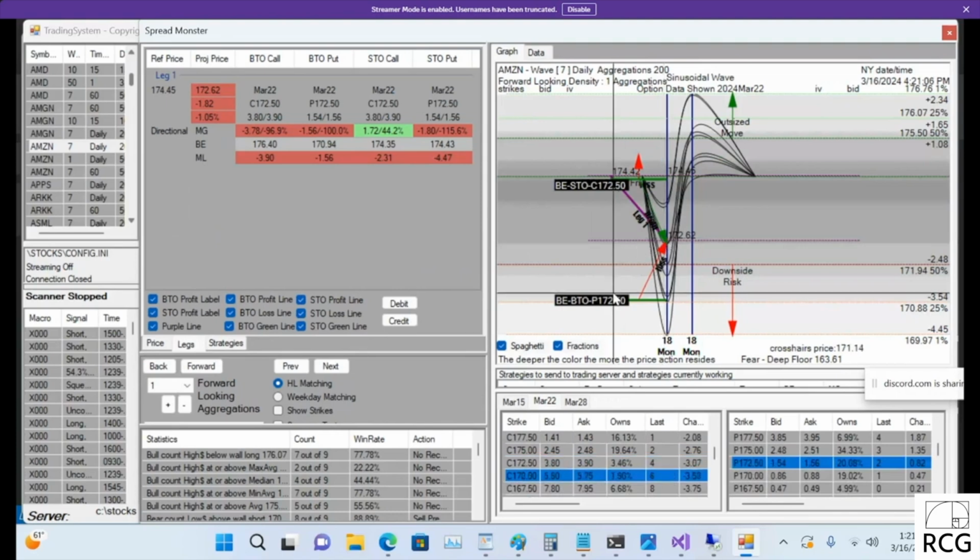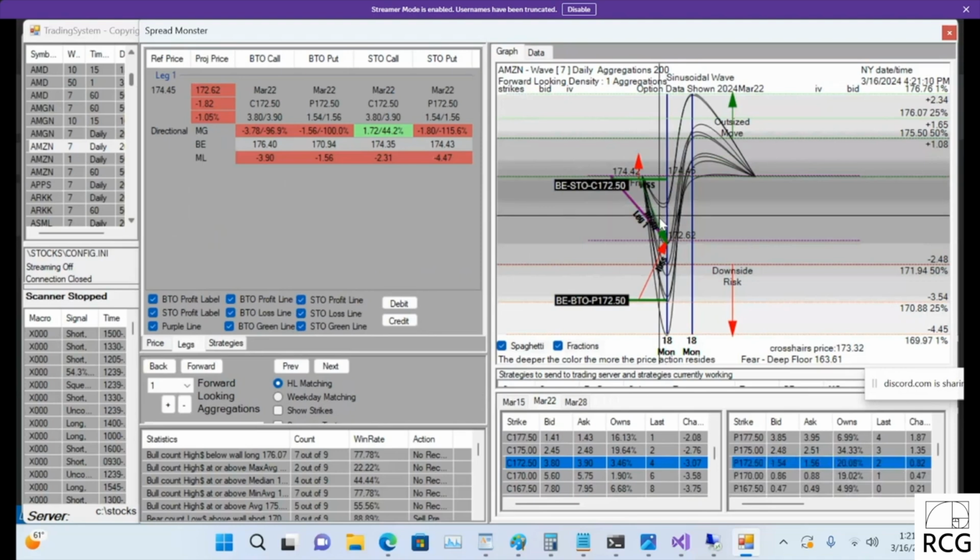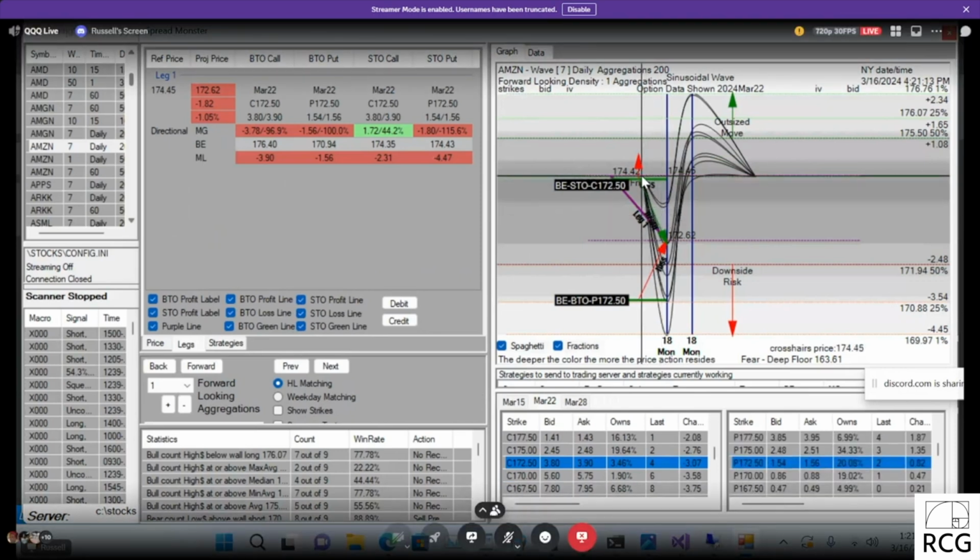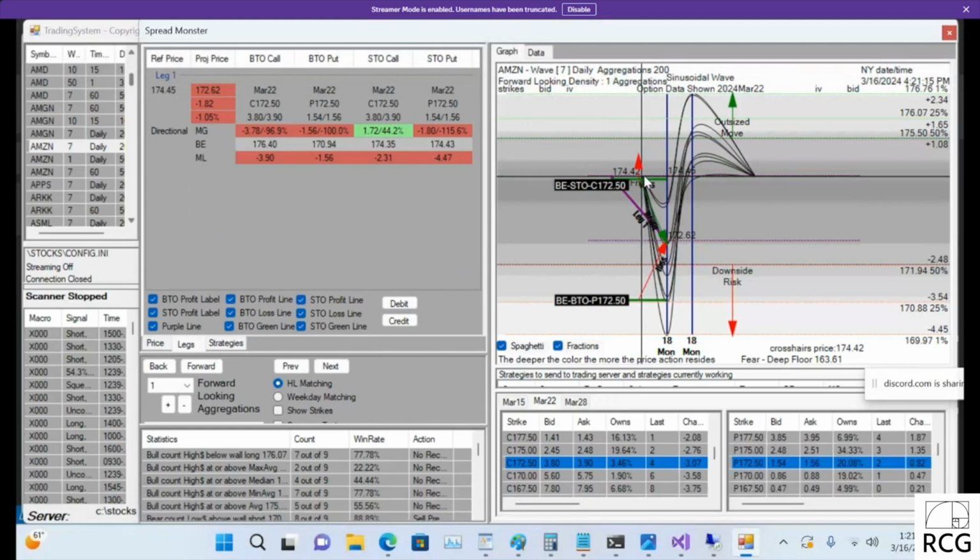Gotcha. Technically, if you set the break even, the maximum loss, slightly above the 174.42, the trade would work out almost all the time.